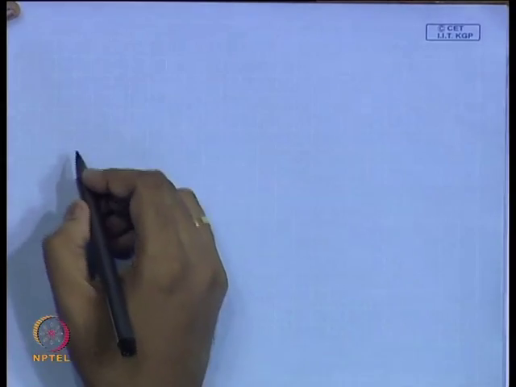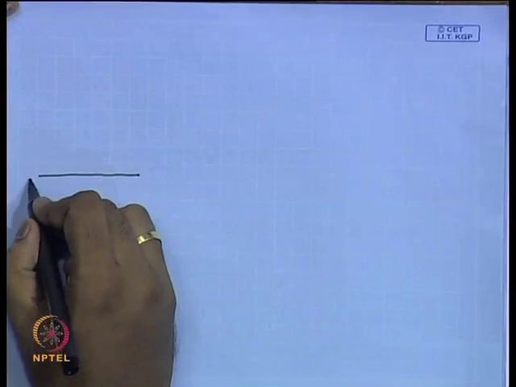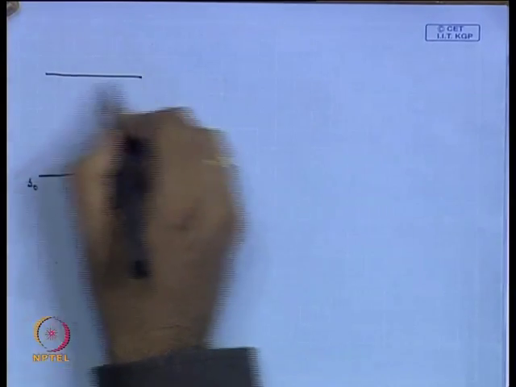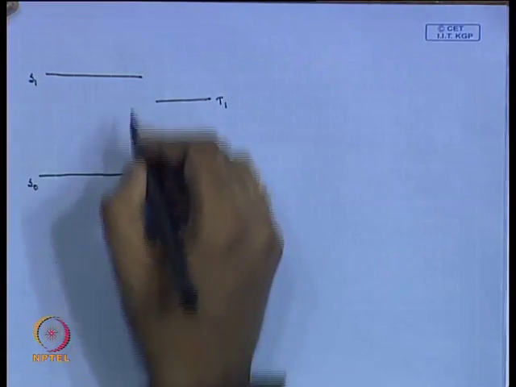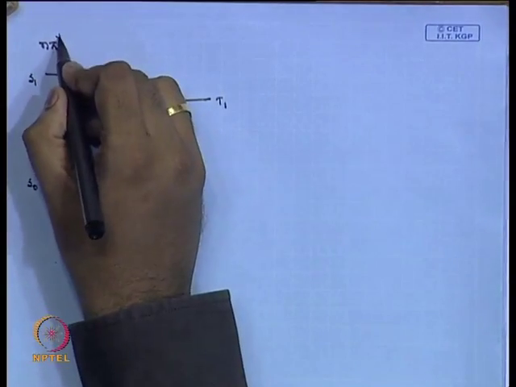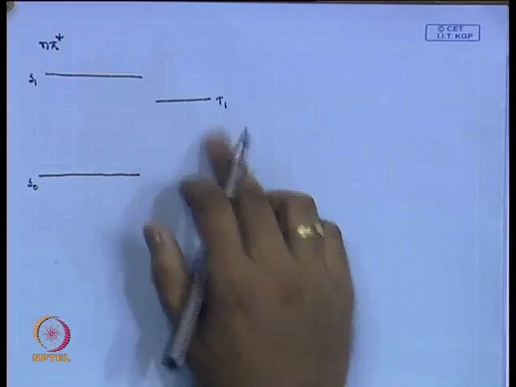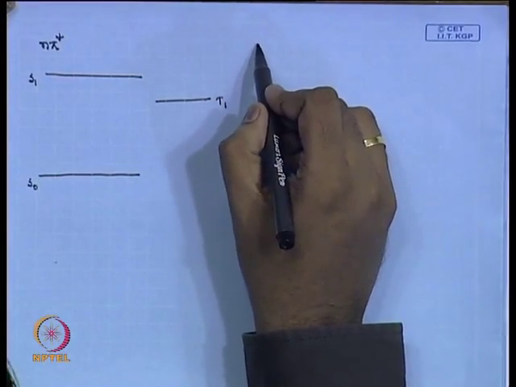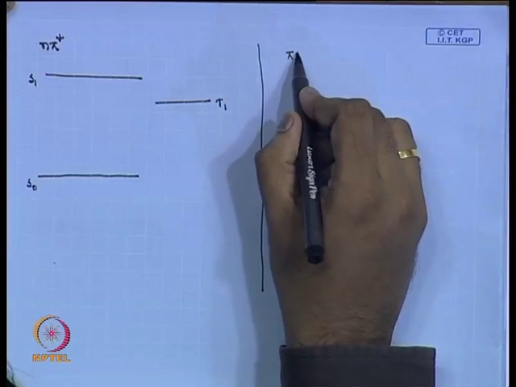For example, we will take an n pi star. So, I have my S0, I have my S1, I have a T1. This is for the n pi star I am drawing. This is the n pi star transition. On the other hand, I am going to draw for my pi pi star.